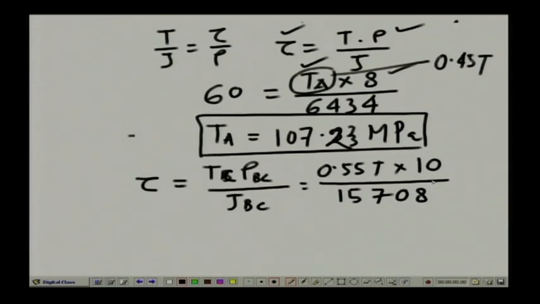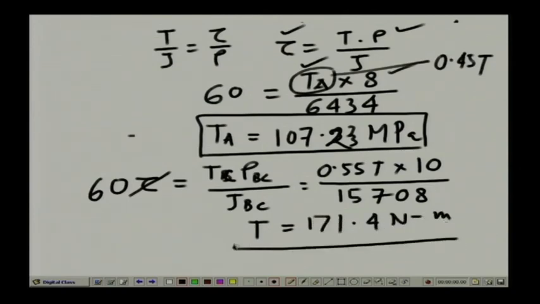And tau, as we are limiting it to 60 MPa, from this if we compute, T comes as equal to 171.4 Newton meter.